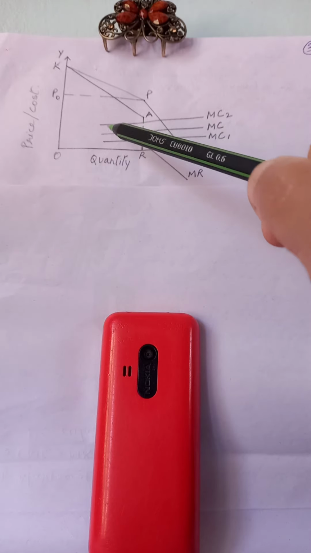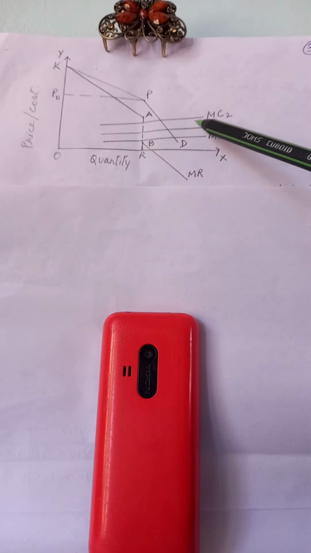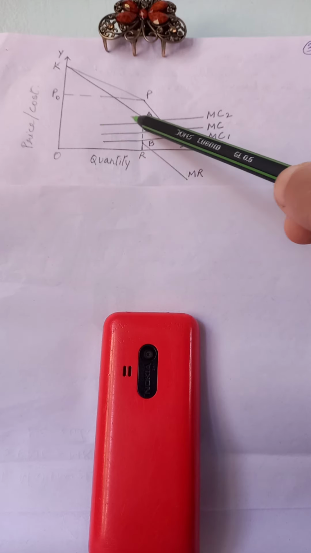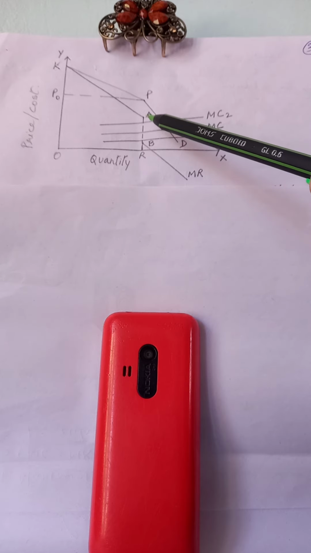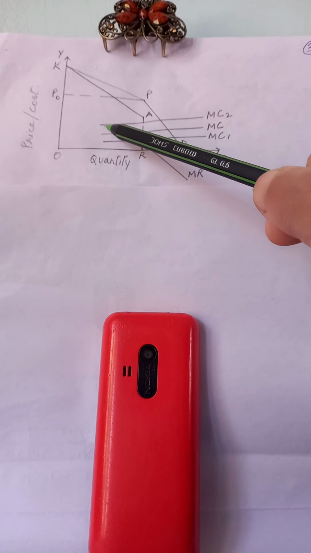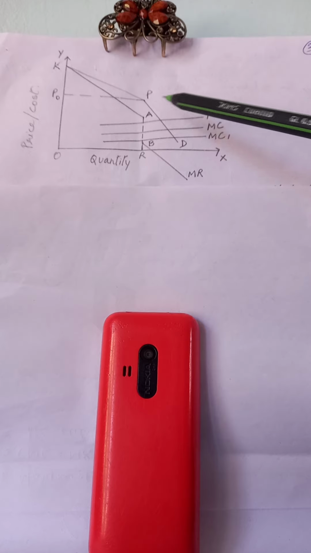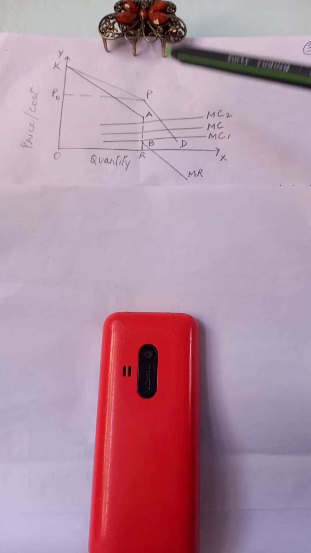Taking again this MC as the original marginal cost curve, suppose there is an increase in cost, and as such we have the new marginal cost curve by the name of MC2. So long as this MC2 lies within the gap, there will be no changes in the price.